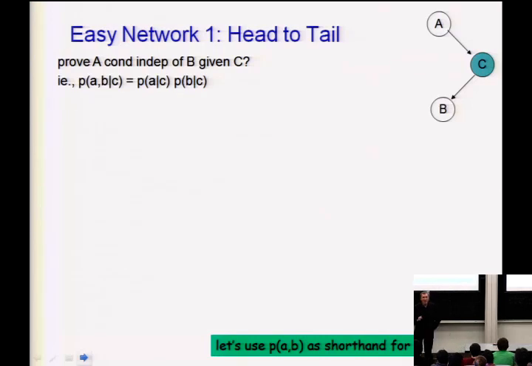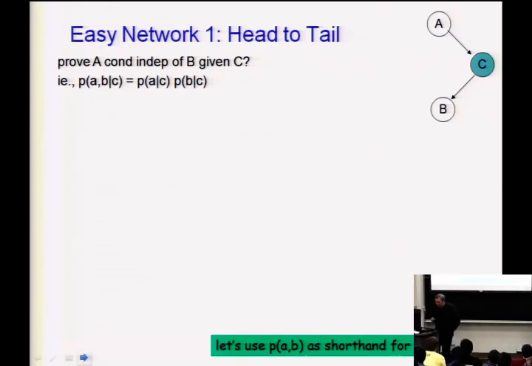That doesn't tell us much about this one, right? B is independent of A given C, because B is independent of its non-descendants, which include A, given its immediate parent C. So that's good. We know that from our rule.